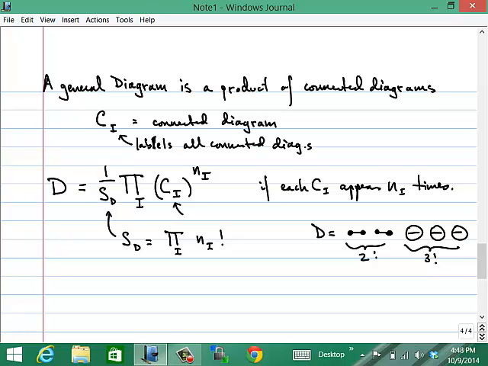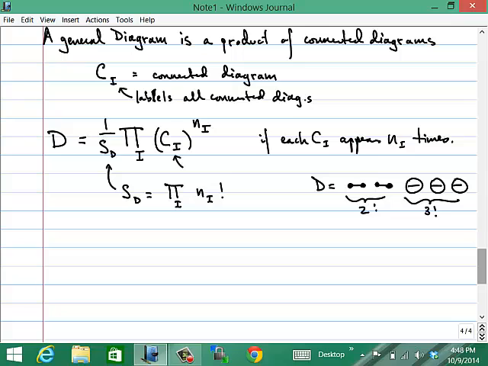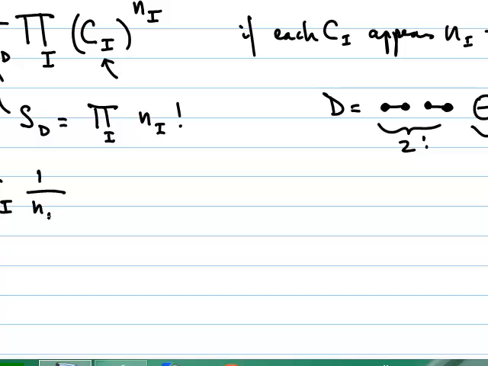So that means that D is the product over all I of 1 over n sub I factorial times C sub I to the n sub I.